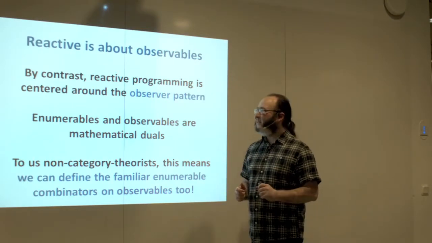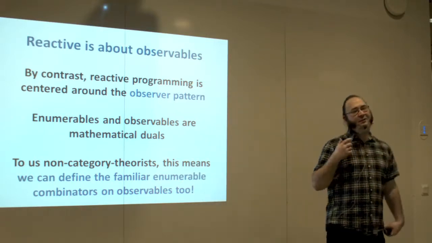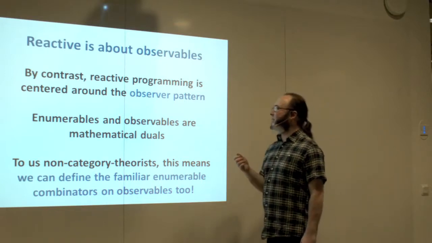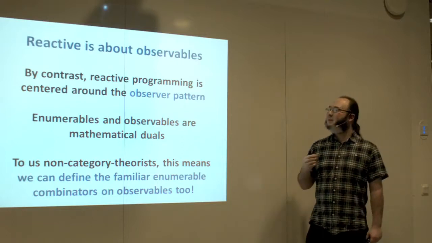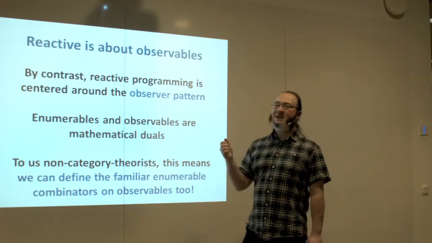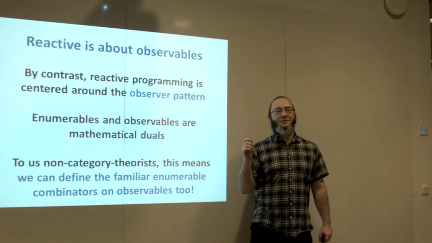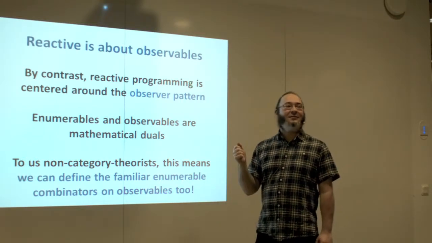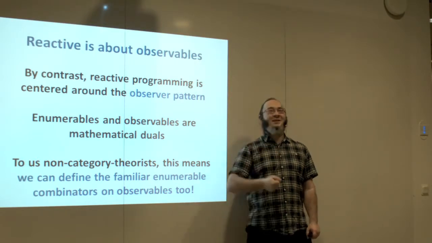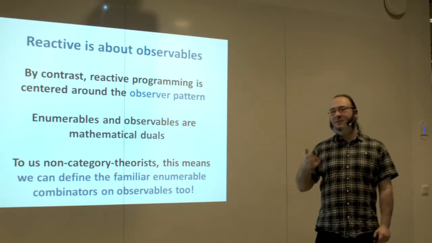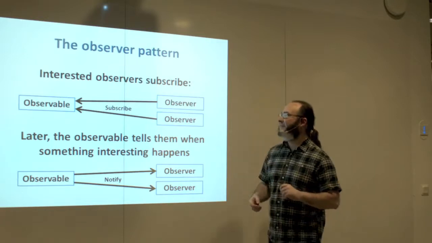The reactive paradigm basically arose out of realizing that there's another design pattern, besides the enumerator pattern, that shares a very interesting relationship with enumerators, and it's the observer pattern. Has anyone used observers? What have you used observers for? Reacting to change. Yeah.